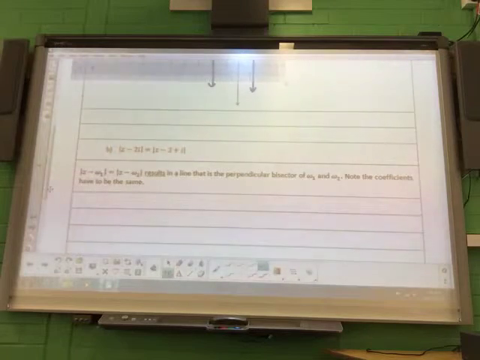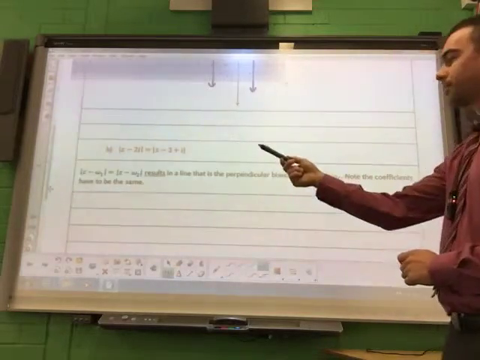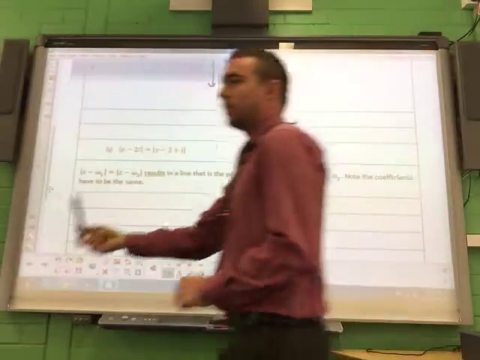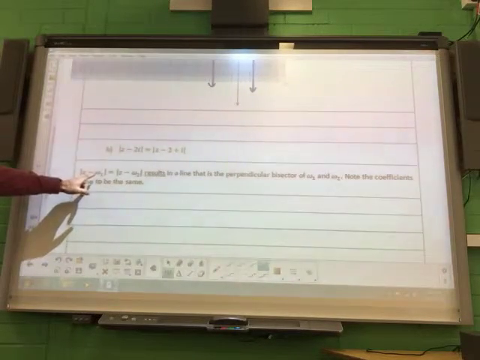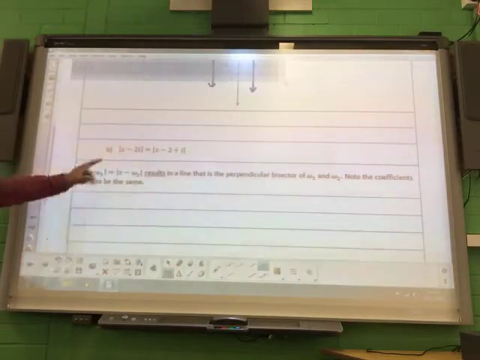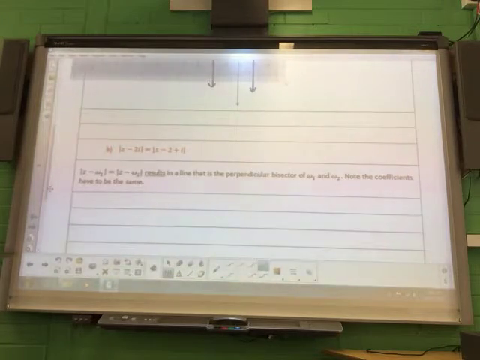When they are not the same, and we'll look at an example further on, they will represent a circle. The concept is that the absolute value of z take away omega 1 is equal to the absolute value of z take away omega 2, where omega 1 and 2 are two complex numbers, results in a line that is the perpendicular bisector of omega 1 and omega 2.